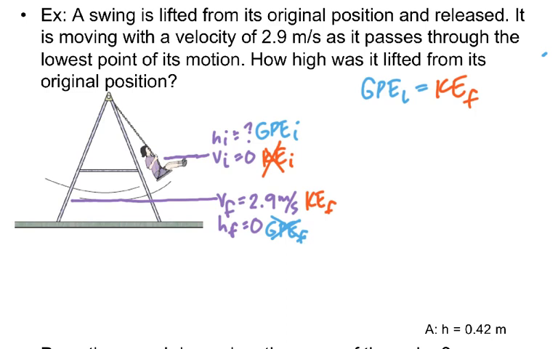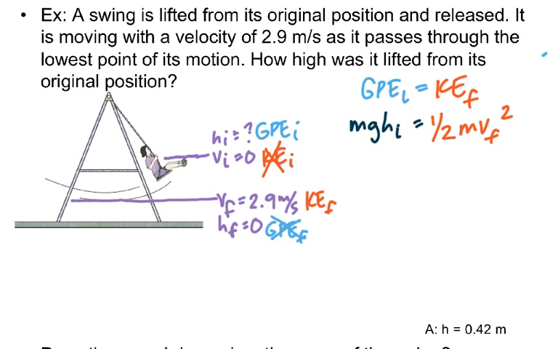Okay, if we write out each of those parts, GPE is mgh initial, KE is 1/2 m vf squared. Before I solve it, I actually can cancel one more thing. So we're talking about the same little girl on both sides of the equation.